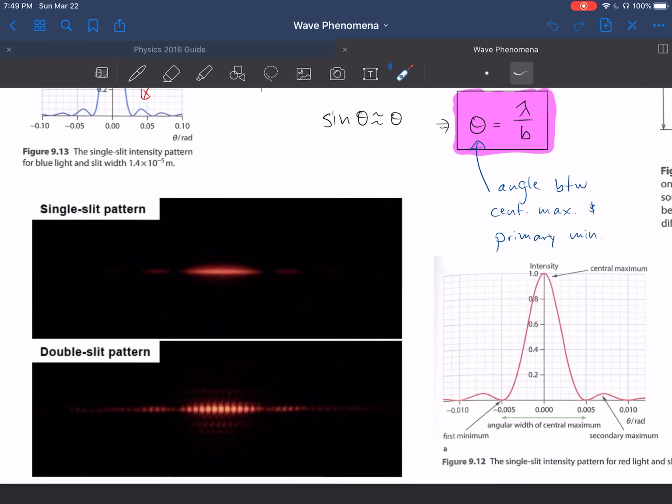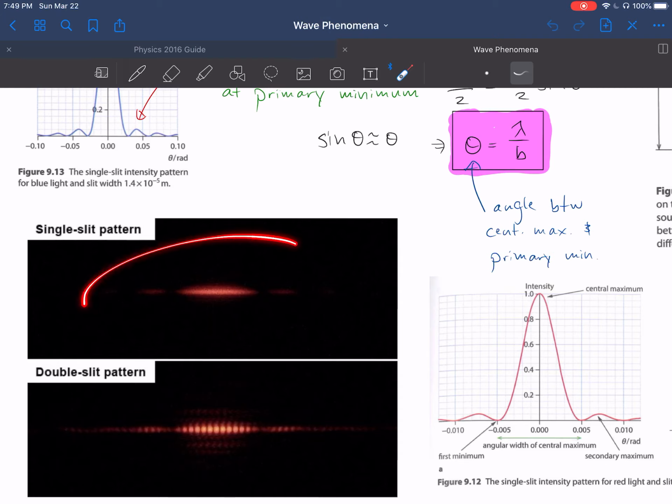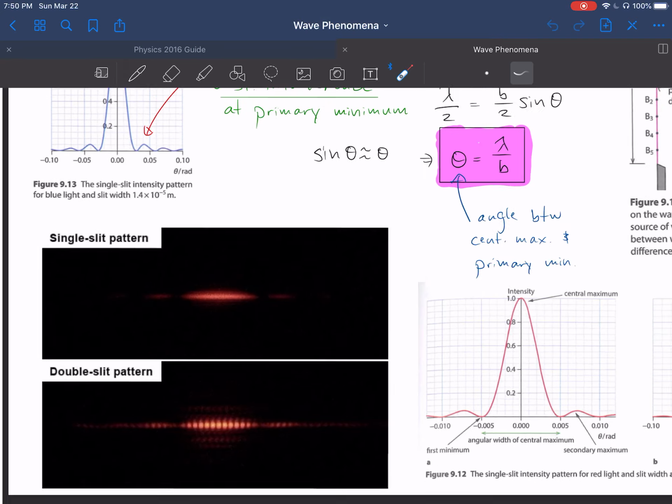So what you actually see on the back wall looks like this. You shine that laser light, in this case a red laser, and you see that there is a central maximum surrounded by two primary minima, and then two secondary maxima. And that pattern repeats, although it gets dimmer.